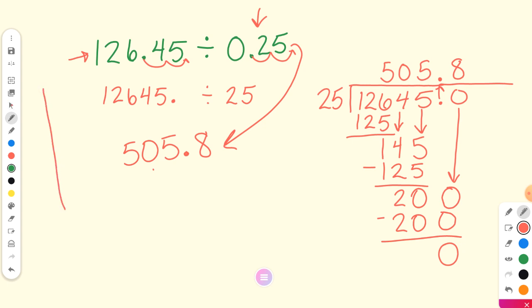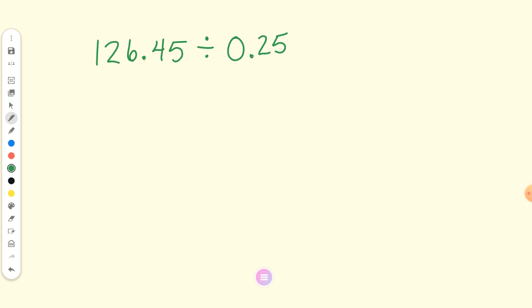Oh, let me clear this off. Let's do another one. And again, when these don't make sense, let's use mental math, estimating, to get what our answer should be close to.